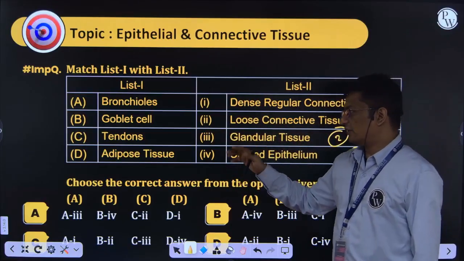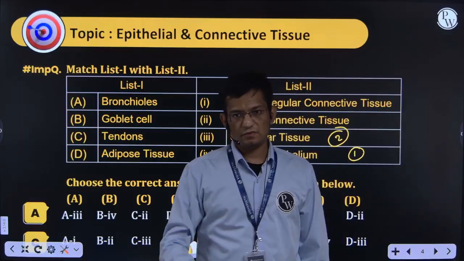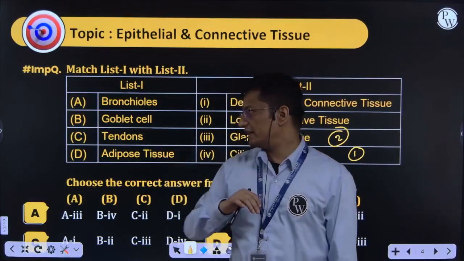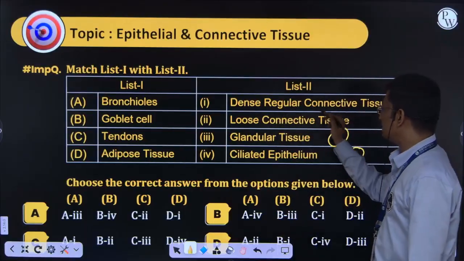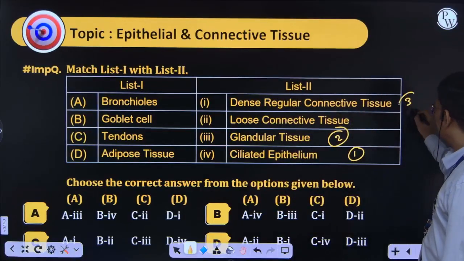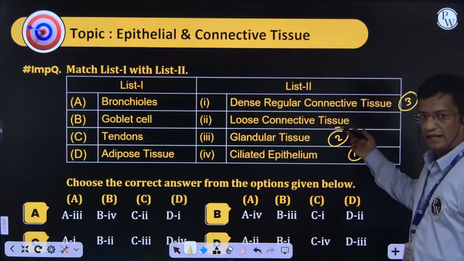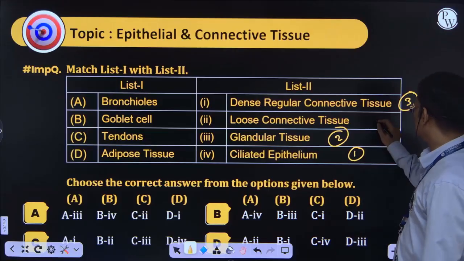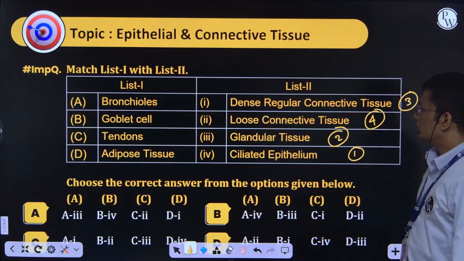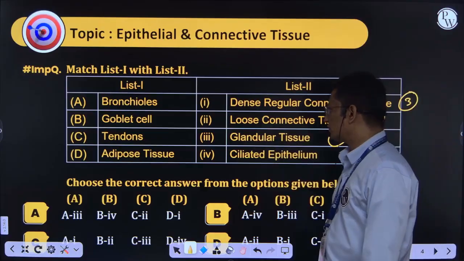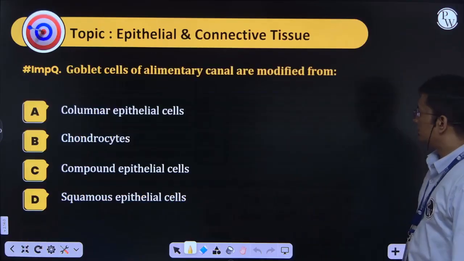In this, fibers and cells are arranged in a particular fashion. That's why we call it dense regular connective tissue. Clear? Adipose connective tissue. Adipose and areolar connective tissue both are loose connective tissue. Clear? So this match the following type of questions you can expect from this part.